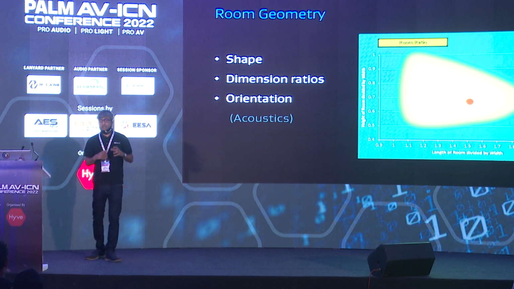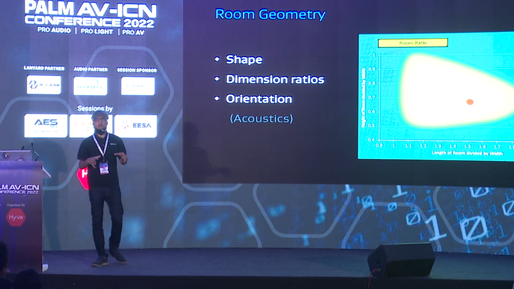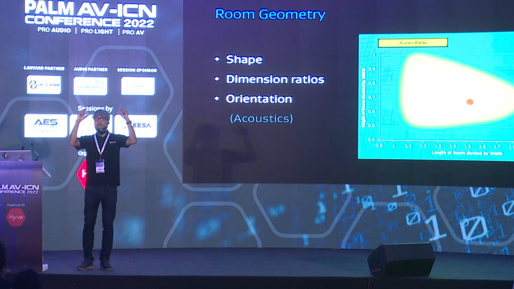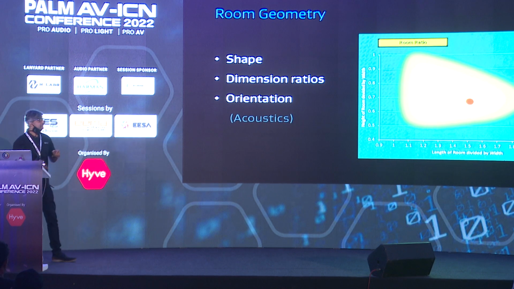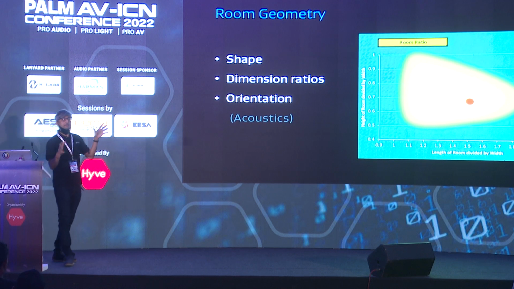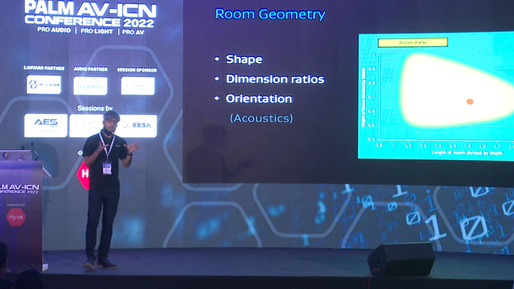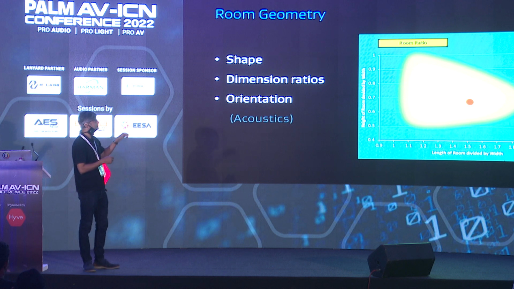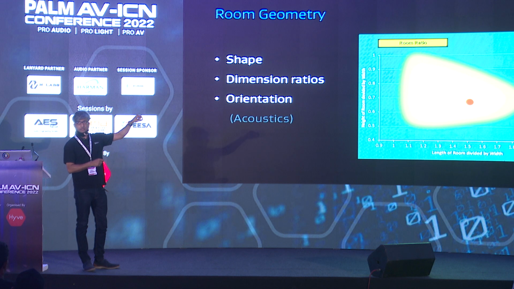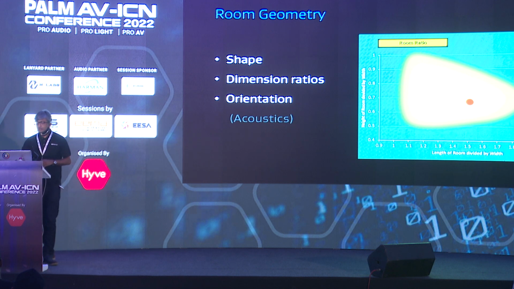Now, because you're mixing in Atmos, you will have physical overhead speakers, so you can't really compromise on the height too much. So if your room ratios dictate the height to be less than 10 feet, then you move away from the ideal orange dot ratio to keep it at 10 feet.